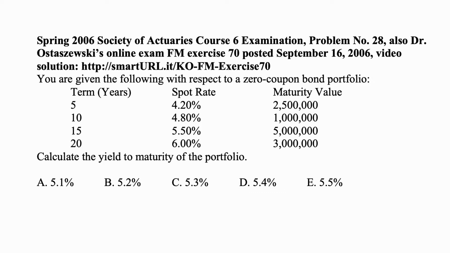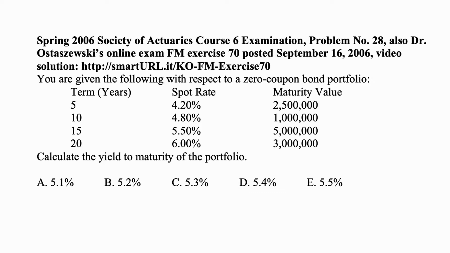So this problem, its big value lies in making you clearly realize what the meaning of the yield to maturity is. It is one interest rate applied to all the cash flows that makes the present value of all the cash flows equal to the price of the security.